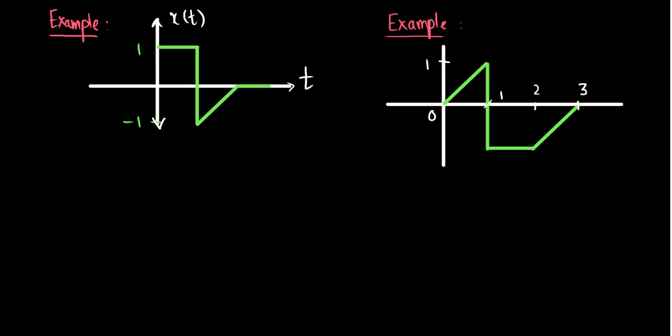Let the height be 1, x of t. Here let it be minus 1.